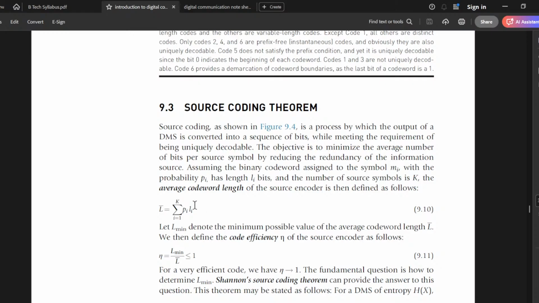This was the average code length, the sum of pi li is the average code length.